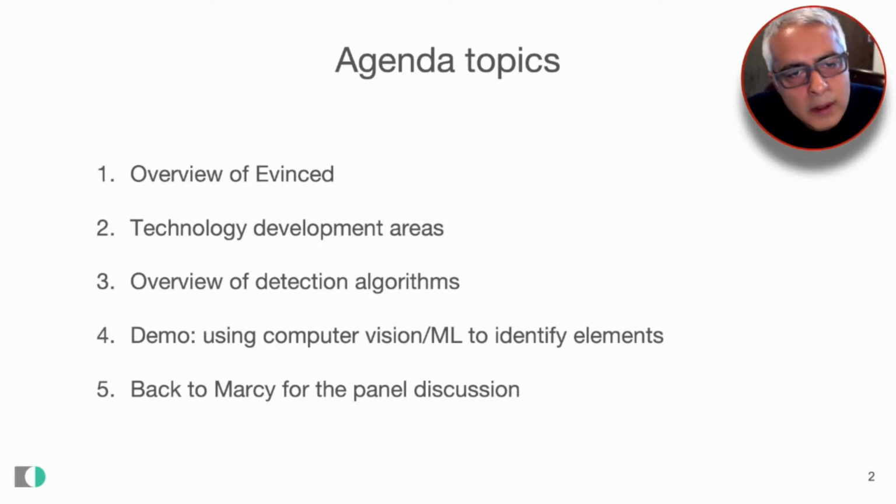There are many different things that go into it, but today we'll deep dive a little bit into some of the detection algorithms that we're working on. How can we figure out more accessibility issues automatically? That's a big focus of today's discussion. In that, Ben, my colleague, will also demo this using computer vision and machine learning as some algorithms that will help us to identify elements, and we'll explain why that's really important in this whole thing. And then I'll hand it back to Marcy for the panel discussion.